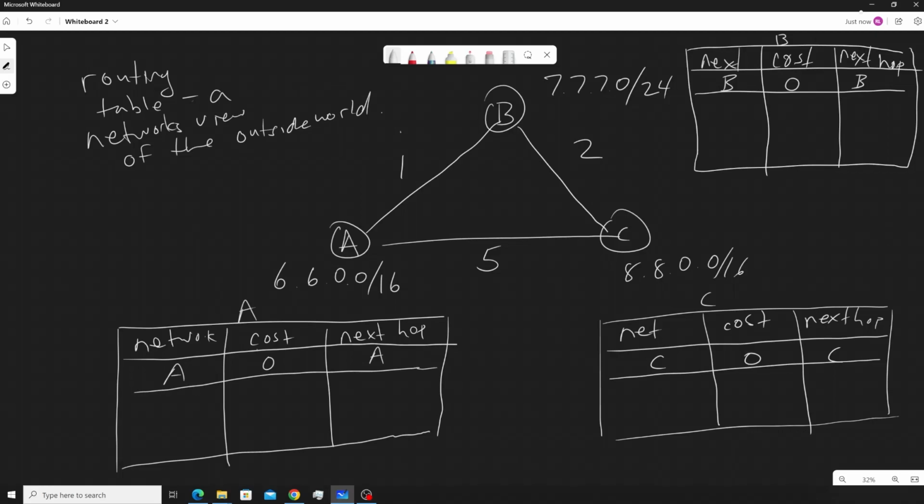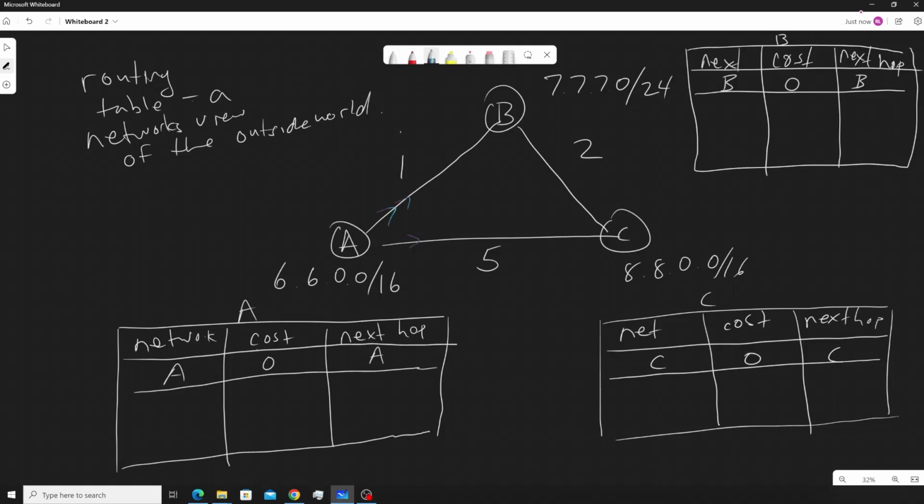That is, A will share its routing table with B and C. B will share its information with A and C. C will share its information with A and B. And through this sharing process, all the networks inside of this autonomous system will eventually converge to know everything about the network. Okay, so we'll start off by having, let's say inside of our hypothetical example, A share first.